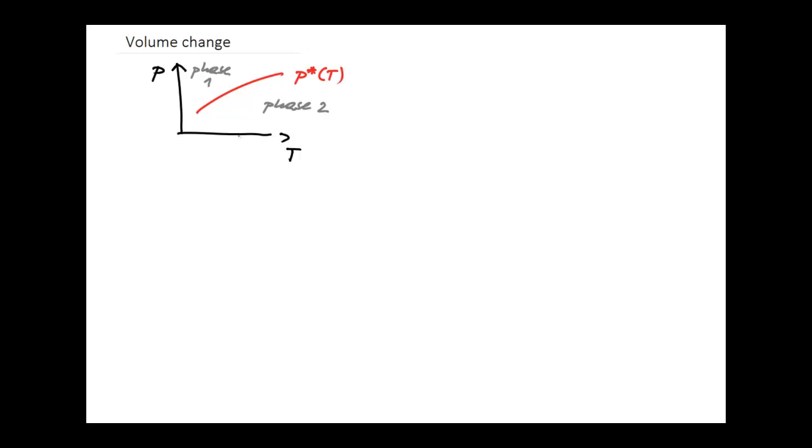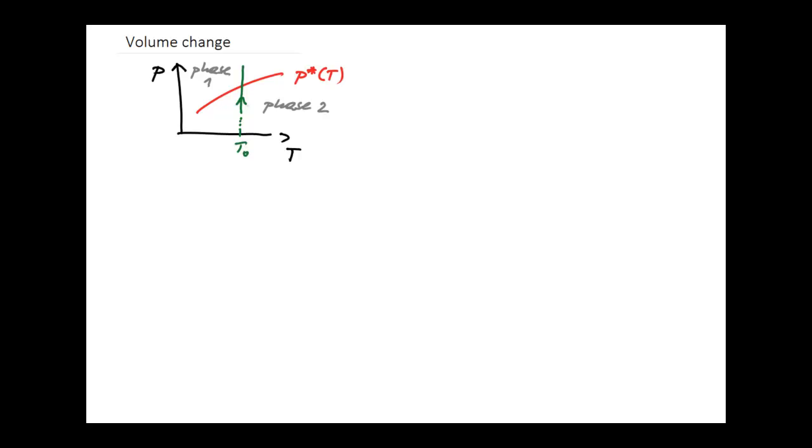So let's take a temperature T0, and let's consider this process here, where we move upwards vertically, and we cross the coexistence curve at constant temperature T0. What we vary is the pressure.